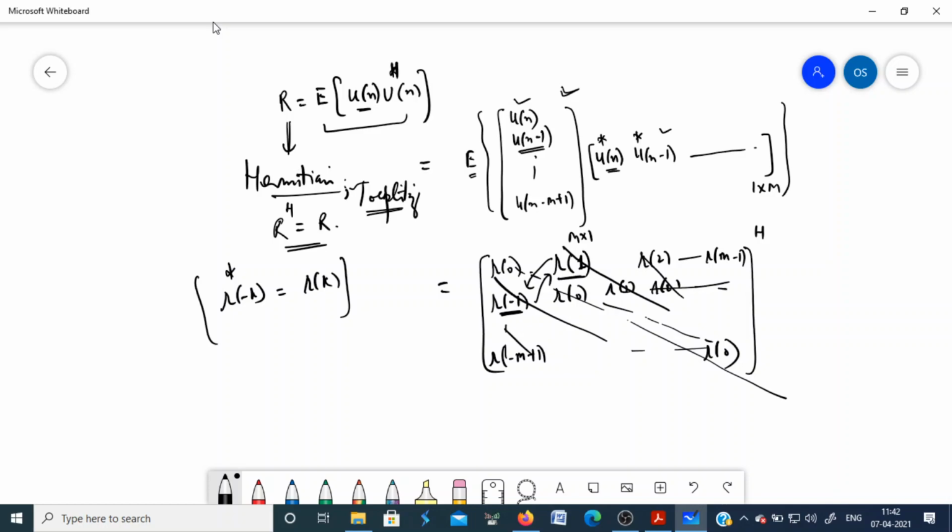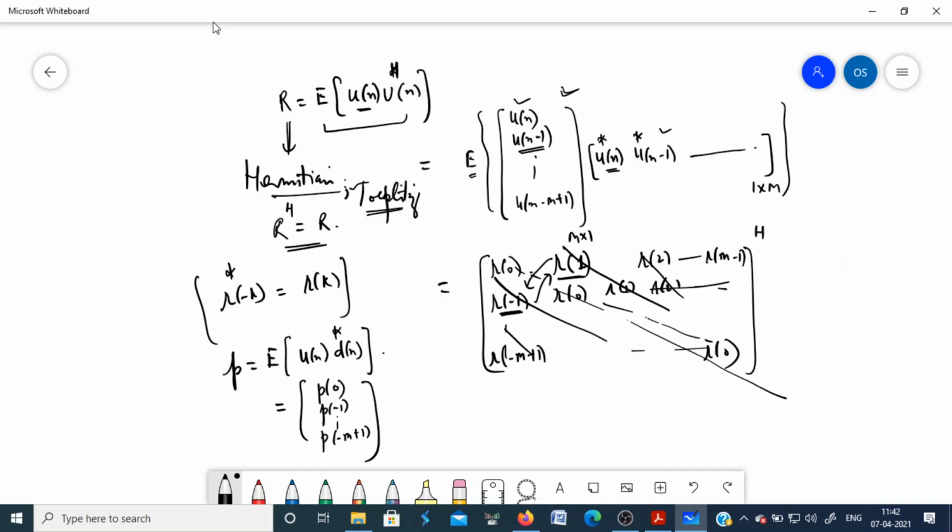And similarly P, which is the correlation between the input and the desired response, we can also express as the expectation of u of n into d of n star, which will give you a vector of P of 0, P of minus 1 up to P of minus m plus 1.